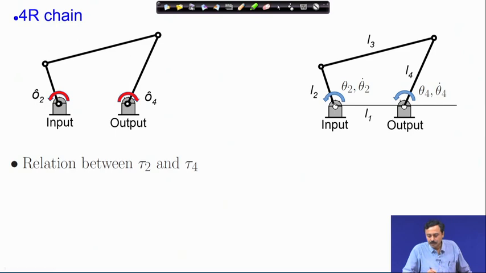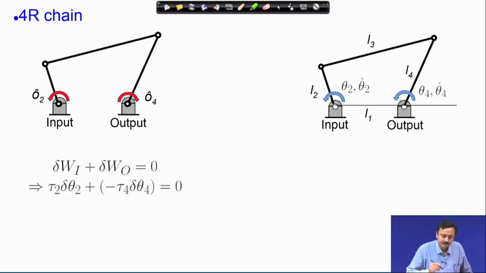So, the motion at the input is in the same direction as the input torque, whereas motion at the output is in opposition with the output torque, and this is what is expected. So, therefore, the virtual work done at the input plus the virtual work done at the output must sum up to 0 as per the principle of virtual work.